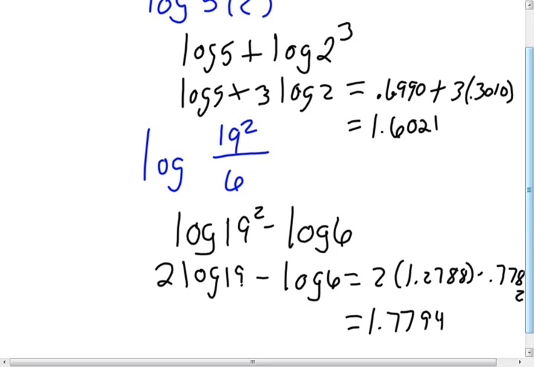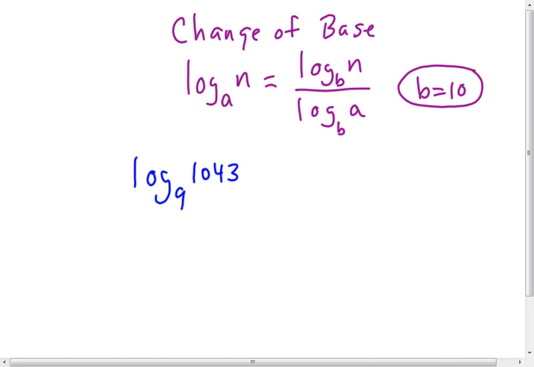Another problem we will run into in section 5 is the change of base formula. Change of base formula simply states when you have a base that's not base 10, how do you use common logarithms to solve the answer? For example, we have log base 9 of 1043. We can use common logarithms to solve this using the change of base formula you see at the top.